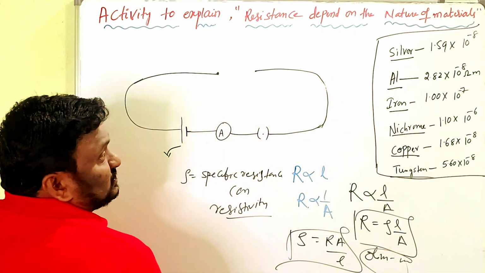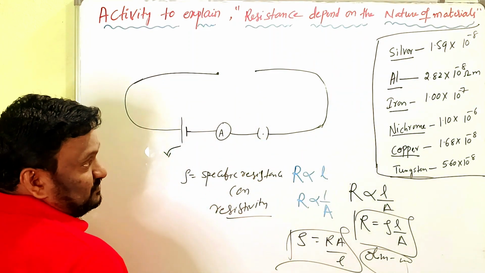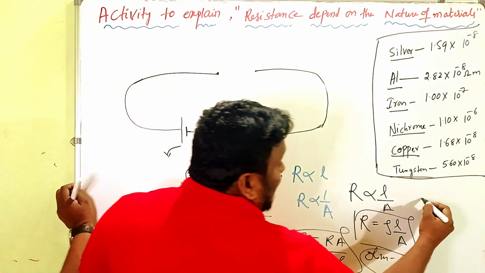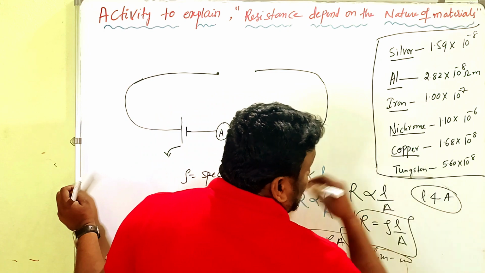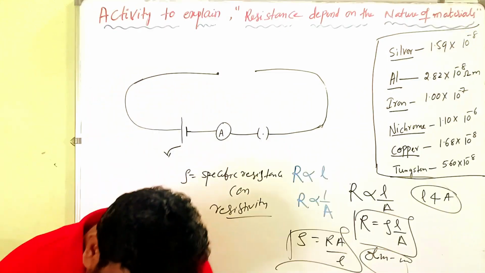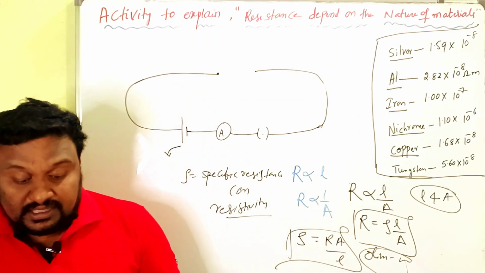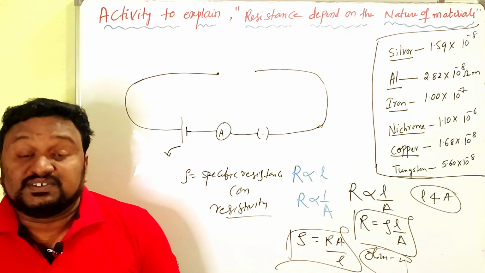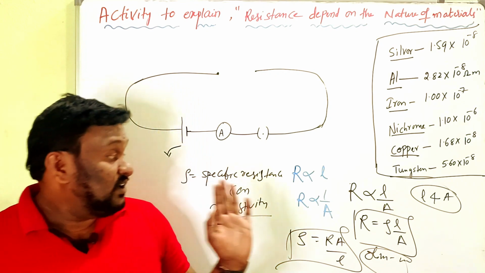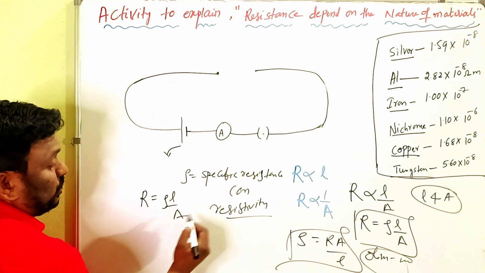To do this activity, we have to maintain the length and area of cross section both constant. That means we take wires of the same length and the same area of cross section. We know R equals rho into L by A.